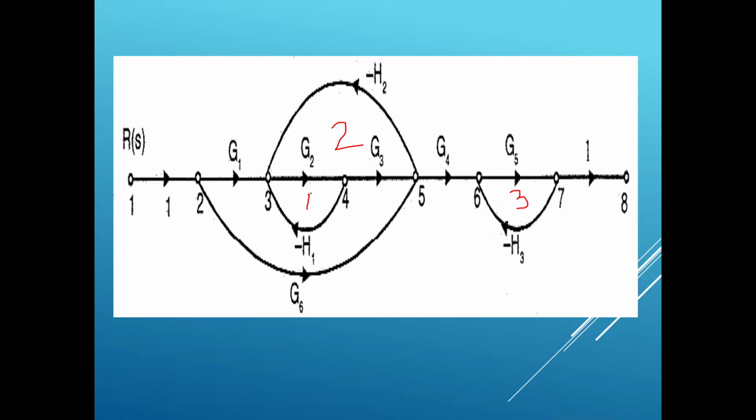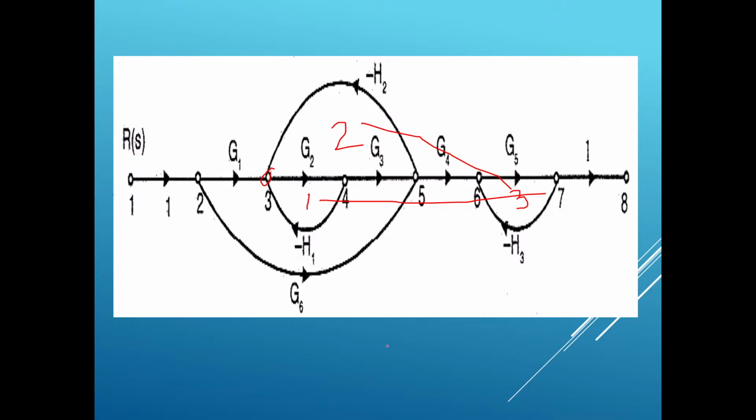Here loop 1 and loop 2 have a common node, so they are not non-touching loops. If you compare loop 1 with respect to loop 3, they don't have common nodes. So this is one pair of non-touching loops. One more pair is loop 2 and loop 3, which also don't have any common node, so they are also a non-touching pair.